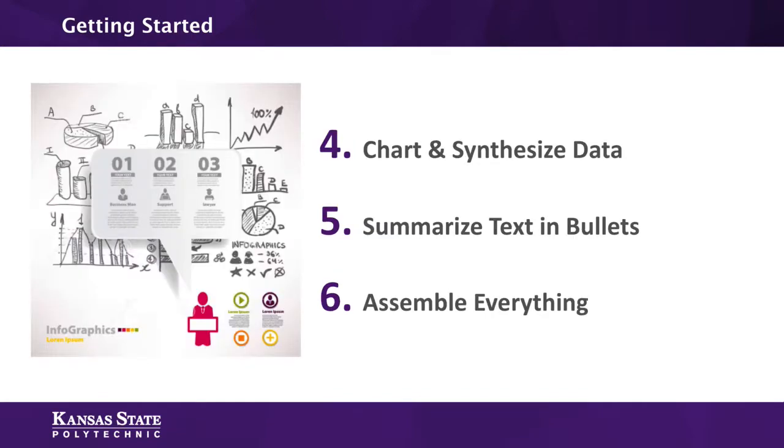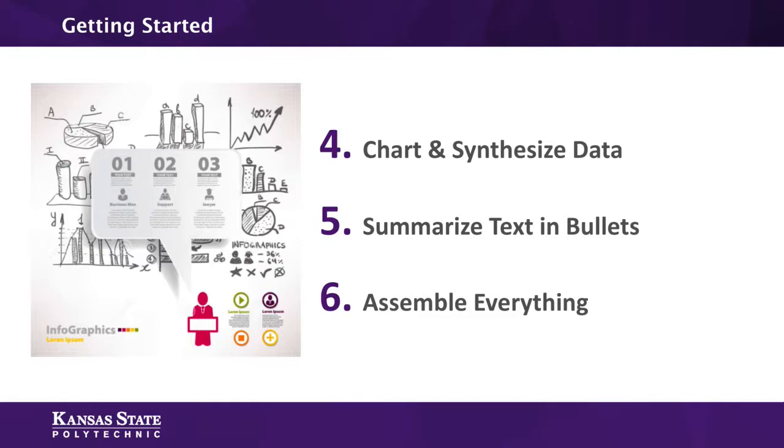Number 4 is taking that data and kind of charting it out. What's going to work best visually? What do I want to present in a visual manner? A lot of this is a matter of taking lots of notes and sketches, sketching things out on paper ahead of time.